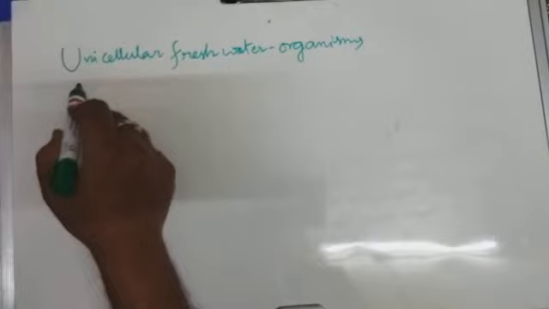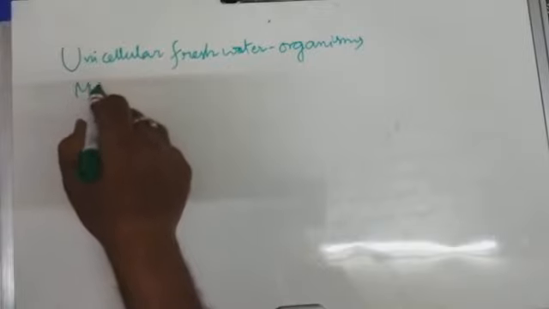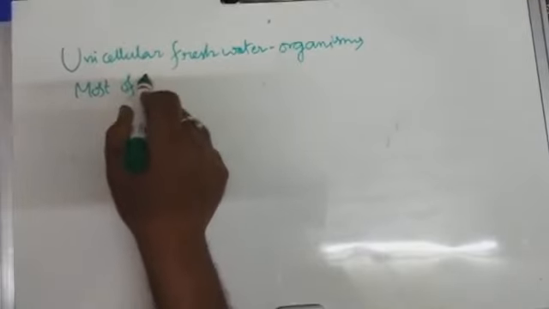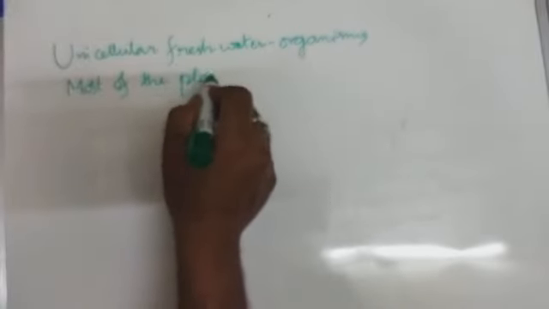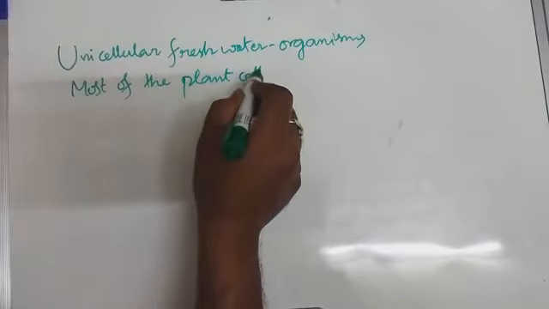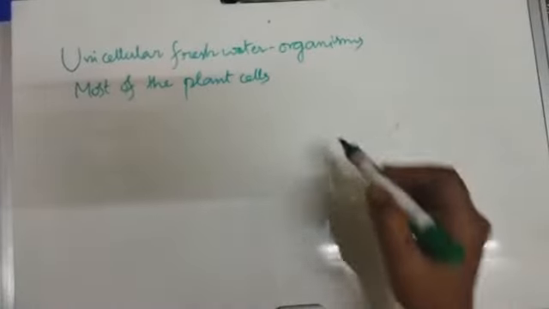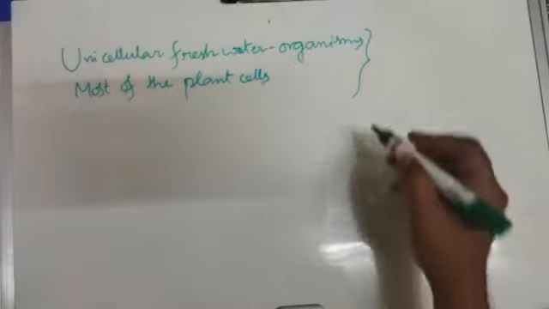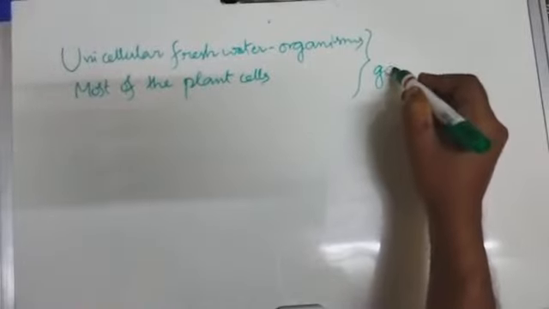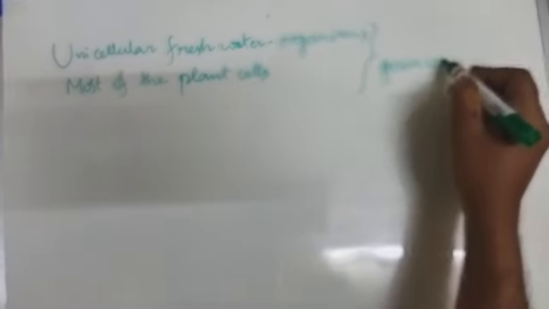And most of the plant cells. Unicellular freshwater organisms and most of the plant cells, both of these, gain water by osmosis.